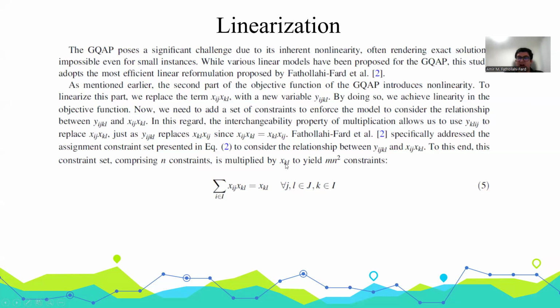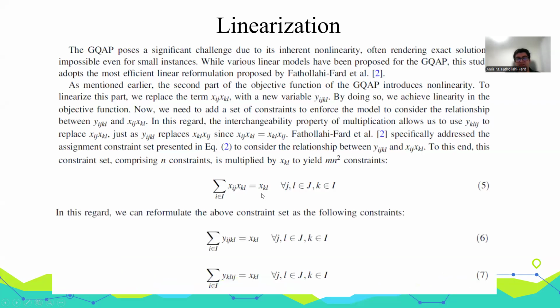Since xkl is non-negative, when it is multiplied we have a new multiplication, which can be represented by the variable yijkl, and since yijkl is the same as yklij, we will have two new constraints.